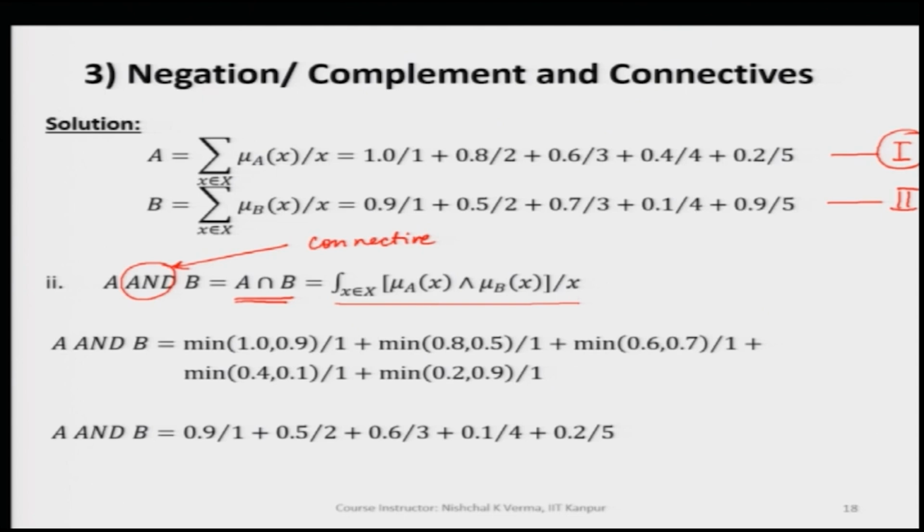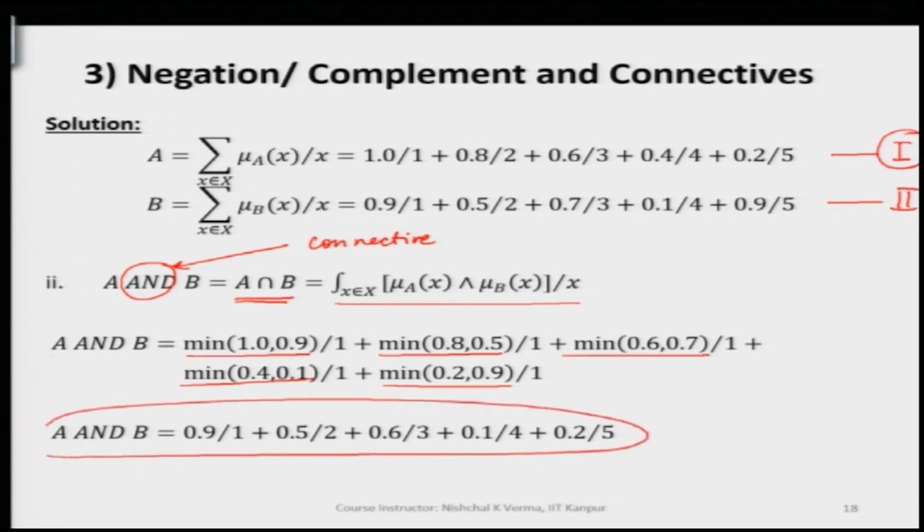So, when we use this, the new fuzzy set, with the min of both the membership values, comes out to be this.